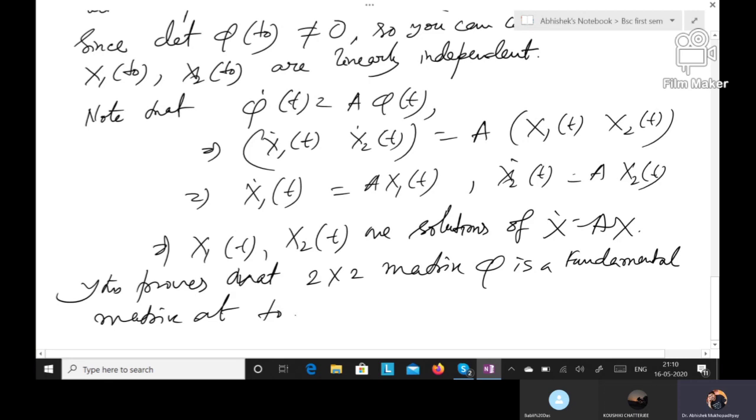So now we have to exhibit an example for a system x dot equal to Ax.